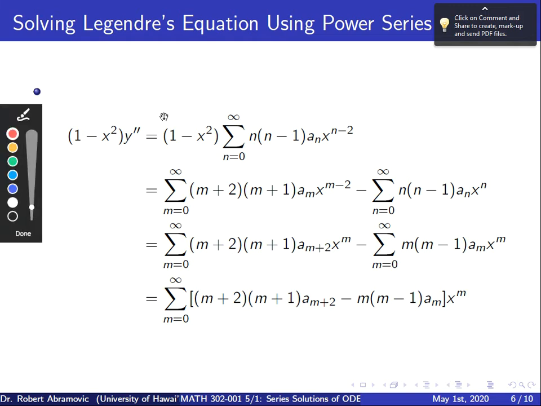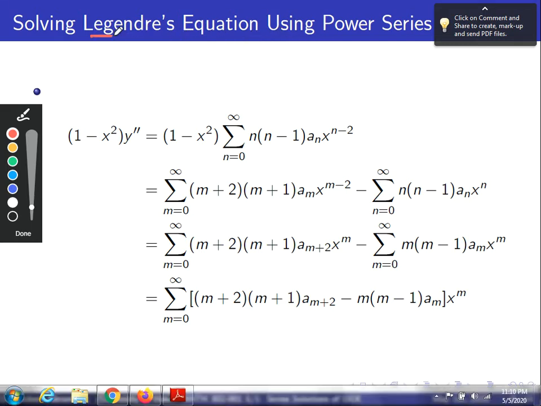Now let's see how this plays out. And I think it's best seen in an example. How do we use power series to solve Legendre's equation? Well, let's plug in the formula for y double prime as a power series.